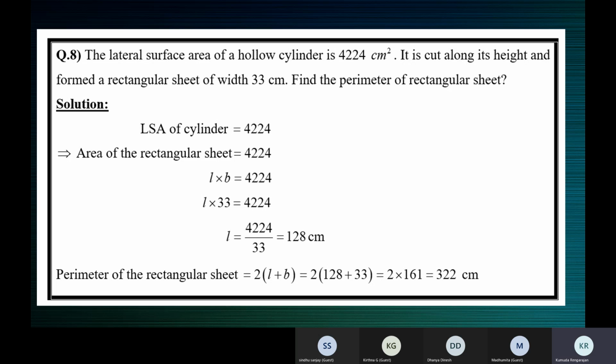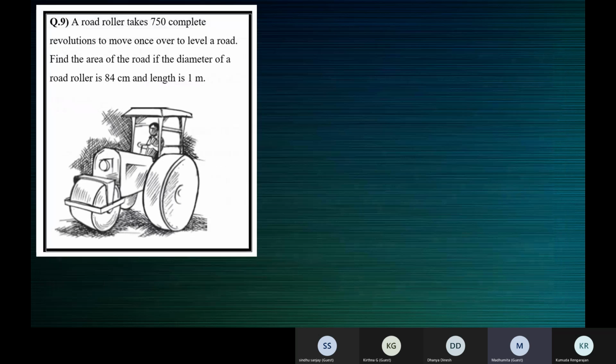So what is given is the LSA of the cylinder, but that's nothing but the area of the rectangular sheet. Area is L into B, so L into 33 is equal to 4,224. L is 128 centimeters. Perimeter is 2 of L plus B, and the answer is 322 centimeters. Is it understood? Yes, ma'am.